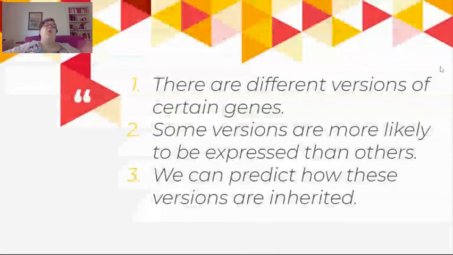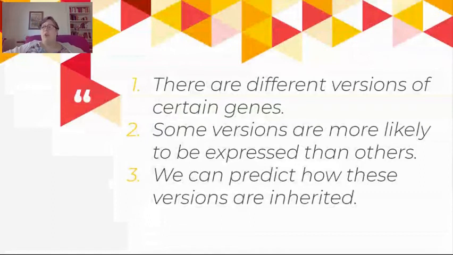So, out of his observations, and I'm going to show you what he observed in a second, he came up with this idea that there are different versions of whatever codes for traits. At the time when he was doing his work, we didn't yet know what it was that passed on traits from parents to offspring.